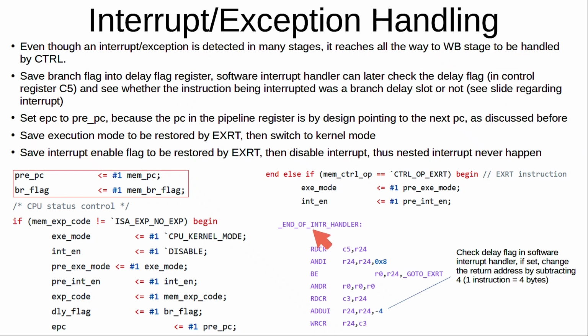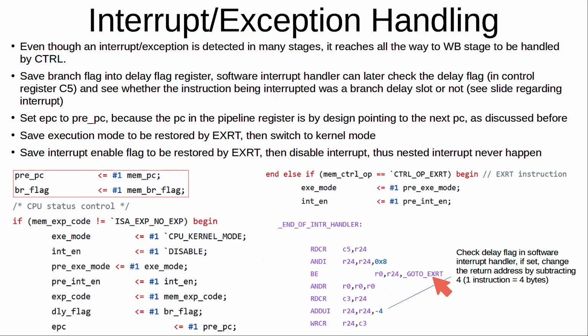Here's a typical interrupt handler. Near the end of it, the hardware requires the software developer to check the control register C5, which contains the delay flag, to see whether the instruction being interrupted was a branch delay slot or not. In case it's not a branch delay slot, then we are good to go to the return from exception instruction.